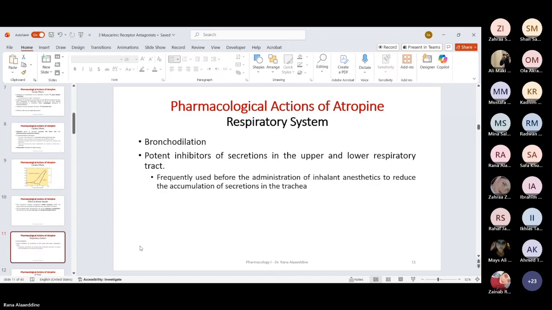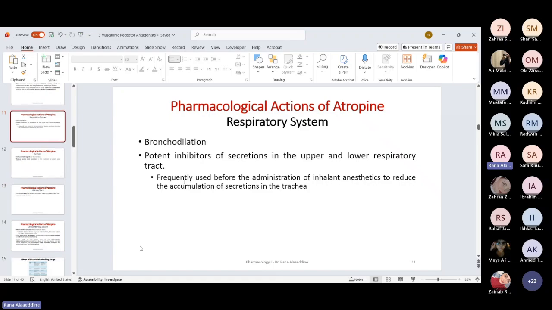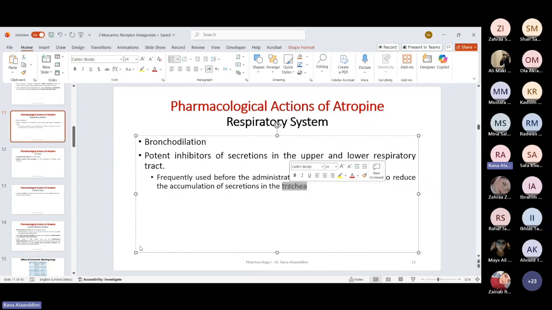Bronchodilation. Excellent. So the effect, guys, is bronchodilation. And what happens to the secretions of those patients? Decreases, exactly. So we have less secretions, which is actually very good if you're having a surgery and do not want any secretions in the trachea. So those drugs are very, very good.